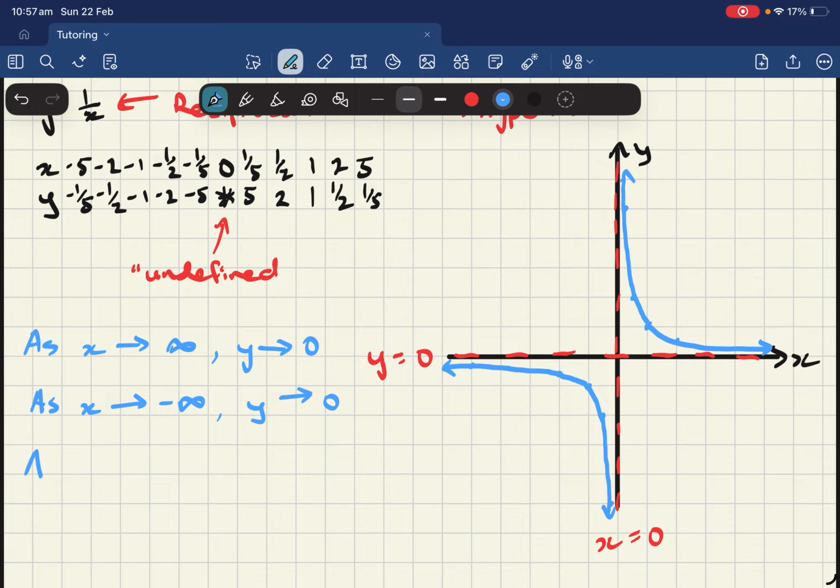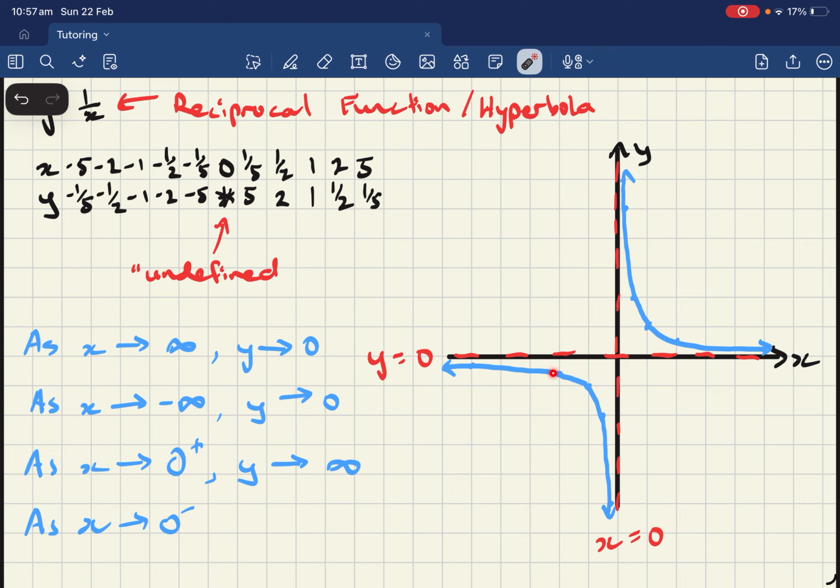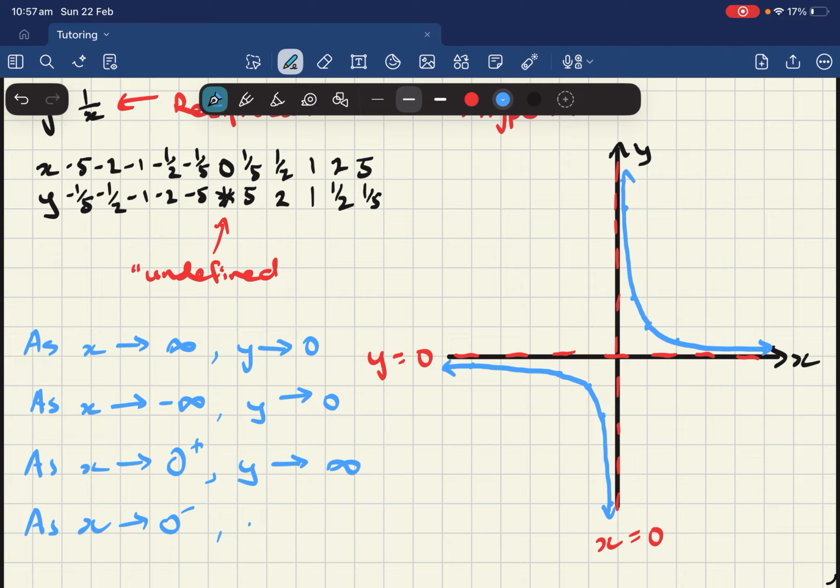So I'm going to say, as x approaches 0 from the positive direction, that's why I've written this little plus here, y approaches infinity. And also, as x approaches 0 from the negative direction, y is getting closer and closer to negative infinity. So we can write y approaches negative infinity.